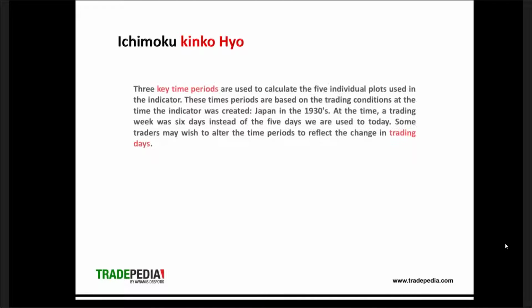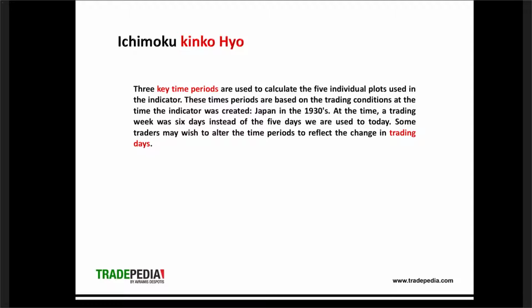Now, Ichimoku Kinko Hyo is made up of 5 different lines, 5 different plots, and these 5 different plots are based on 3 key time periods. The time periods used by default on the indicator are the original periods used at the time when it was developed.